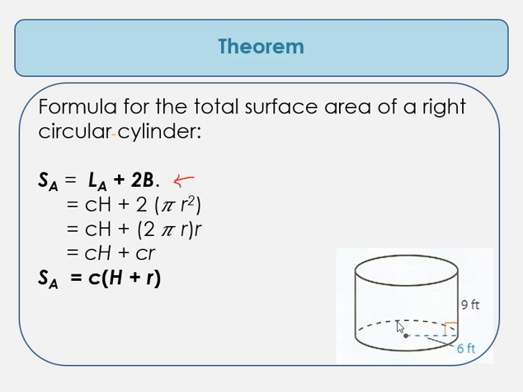We can take both of these C's, use distributive property, and we now have a new formula for right circular cylinder, and that is circumference times the height plus the radius. And if you have all the information for this formula from the outset of a problem, you will find this will be much easier than using this formula.